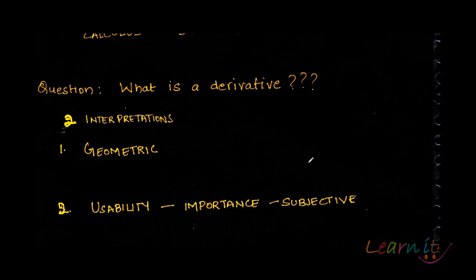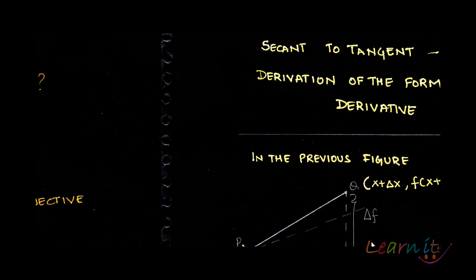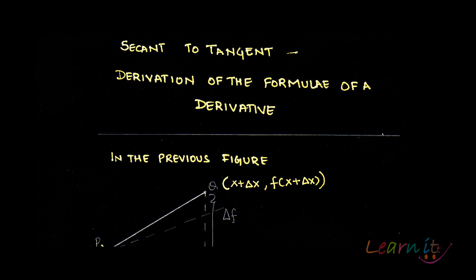So let me just see how we can do it. Secant to tangent. So how exactly will we be moving there? So, the derivation of the formula of a derivative, okay? What have we seen in the previous figure?